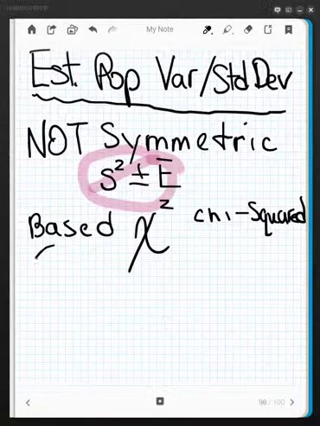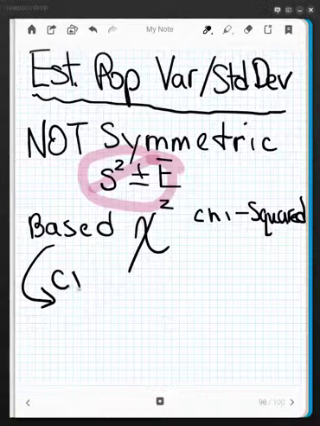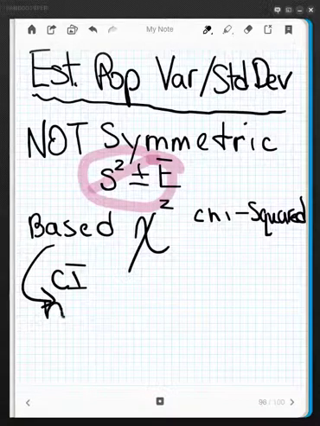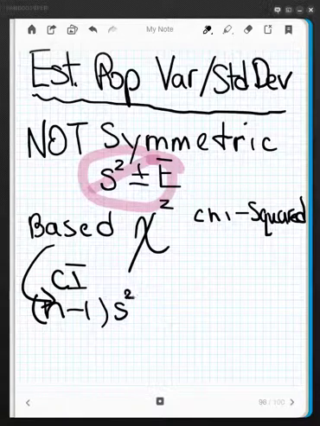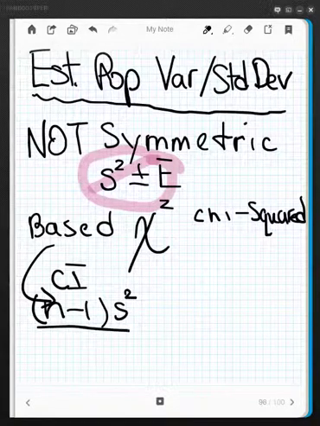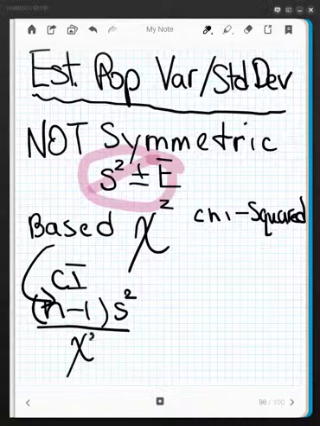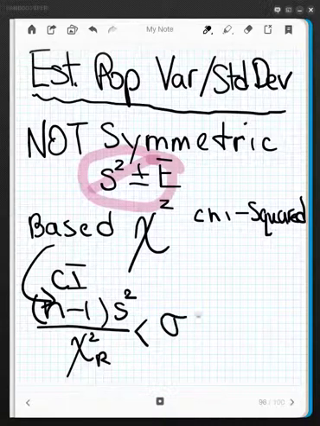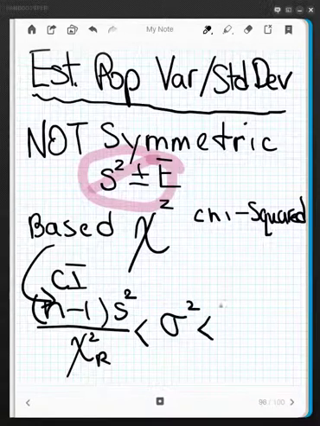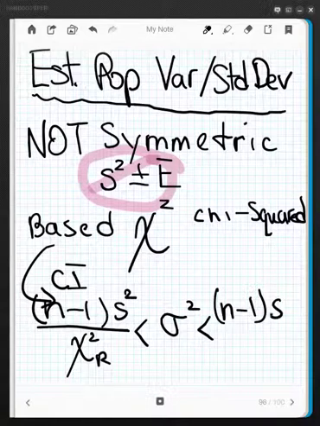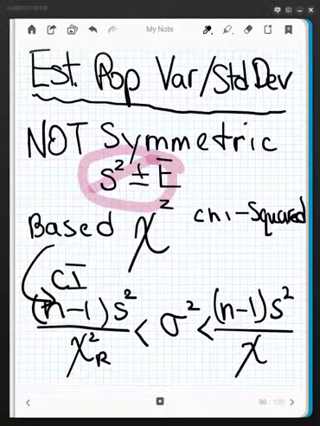And the confidence interval for this looks like n minus 1 degrees of freedom times the sample variance divided by a chi-squared right value, and that's less than the variance of the population, which is less than n minus 1 times s squared, the same thing as over there, divided by a chi-squared left value.